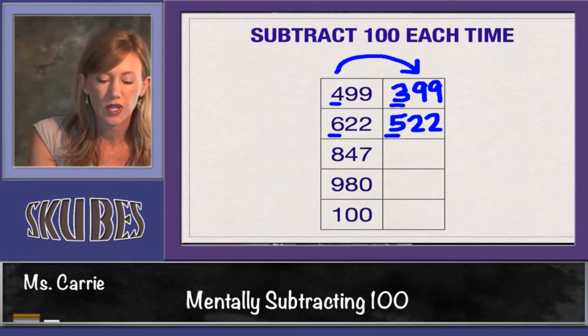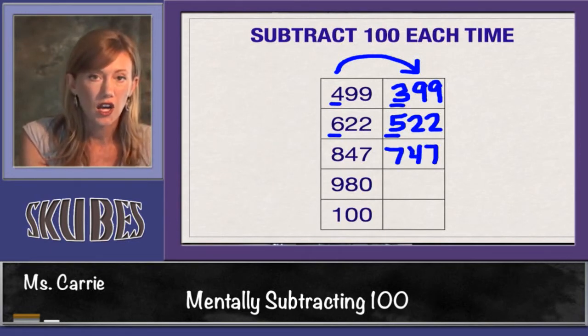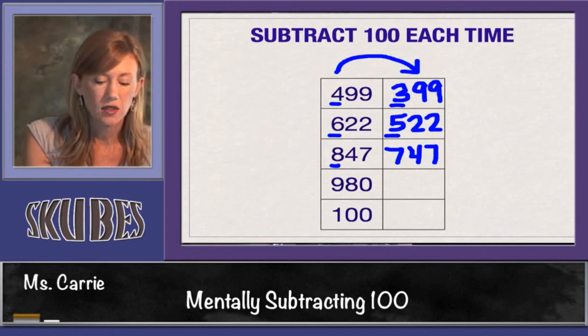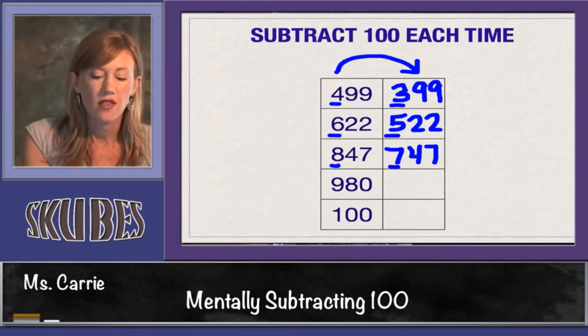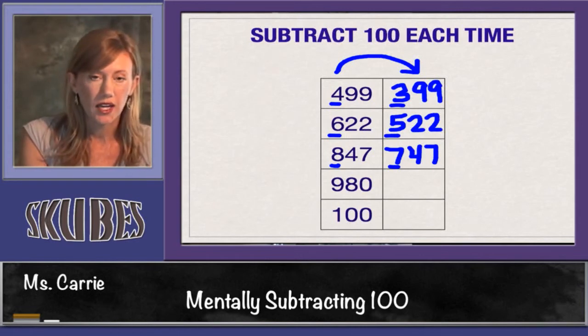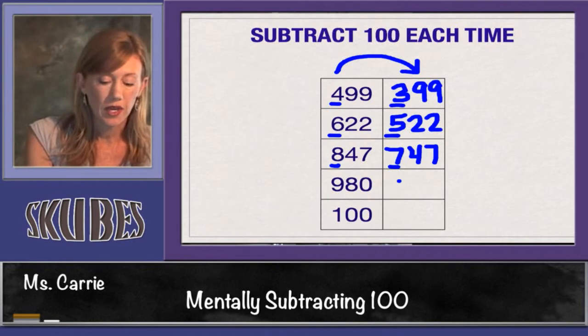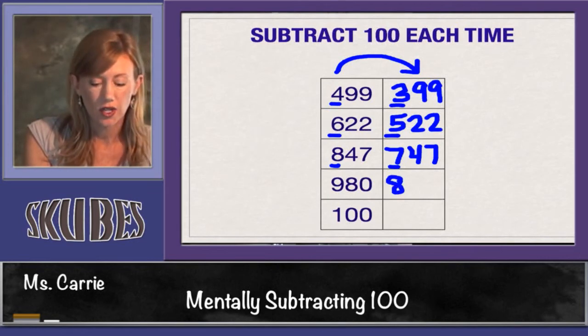In 847 minus 100, it becomes 747. We lost 100, so the 8 becomes a 7, and then the 4 and the 7 stay the same. In the number 980, we take away 100, it becomes 880.